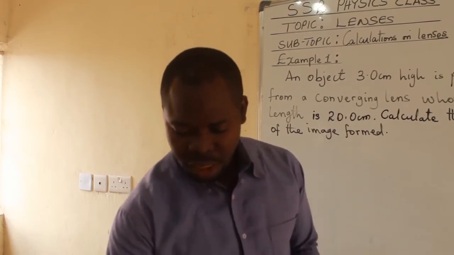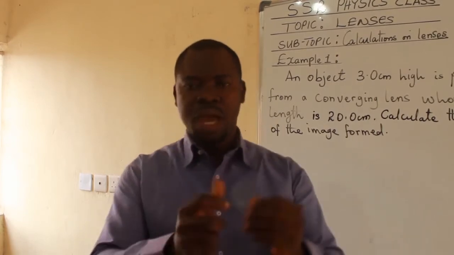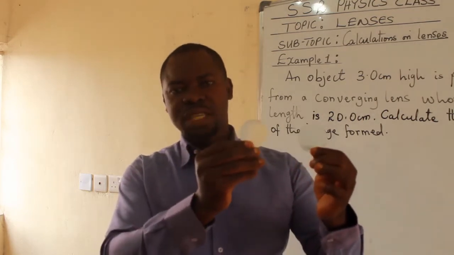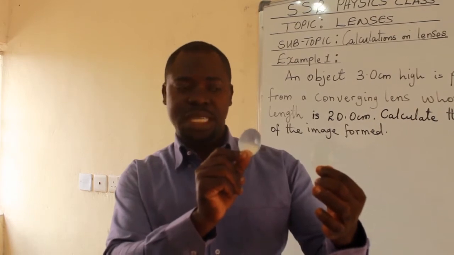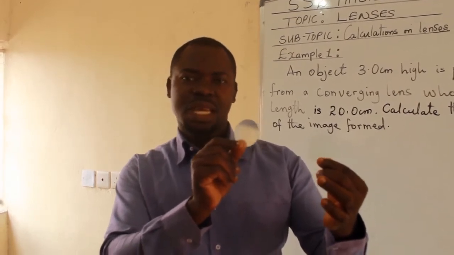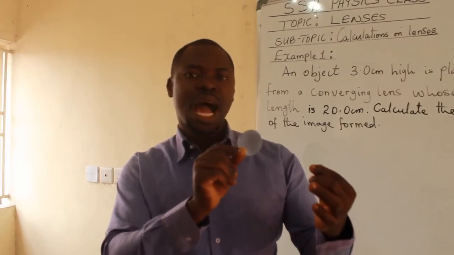So basically, let's look at the lenses. Here we have the convex lens. These are examples of convex lenses. A convex lens bulges outward.